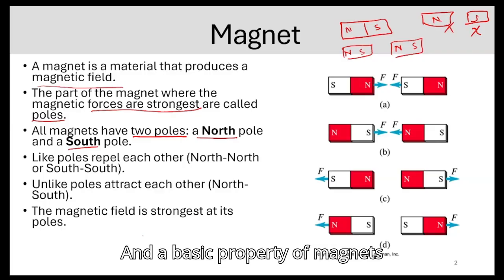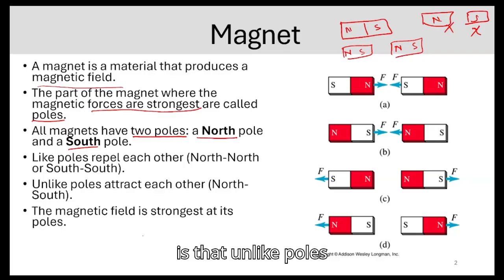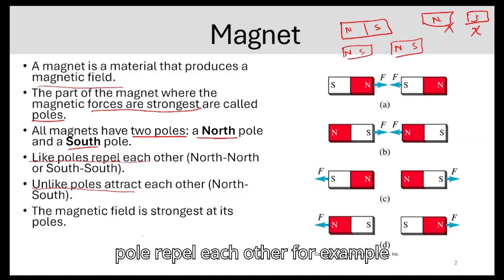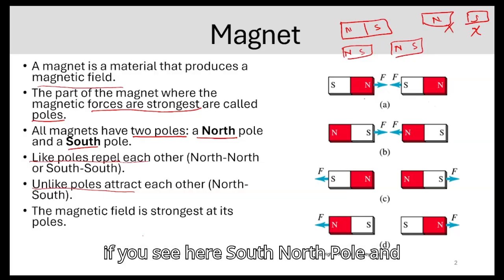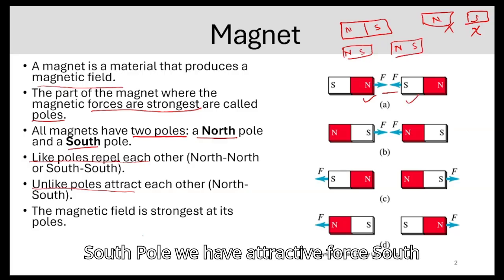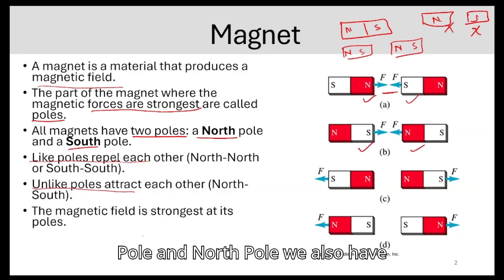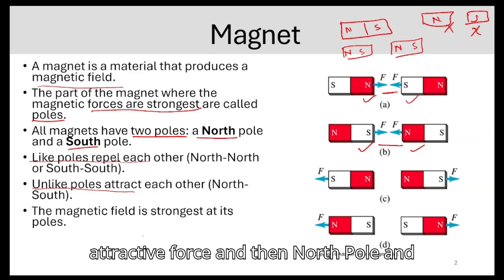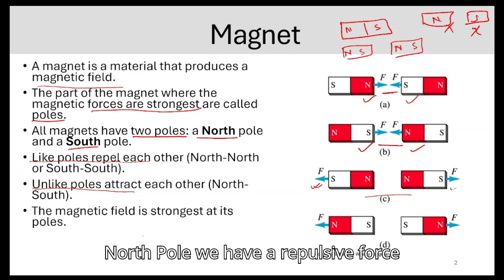And a basic property of magnets is that unlike poles attract each other, and like poles repel each other. For example, if you see here, north pole and south pole, we have an attractive force. South pole and north pole, we also have an attractive force. And then north pole and north pole, we have a repulsive force.